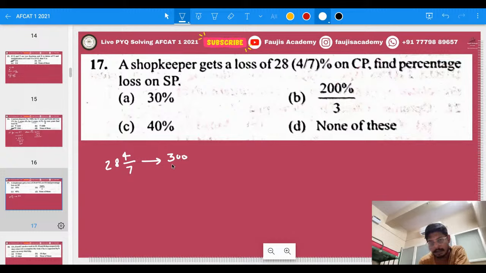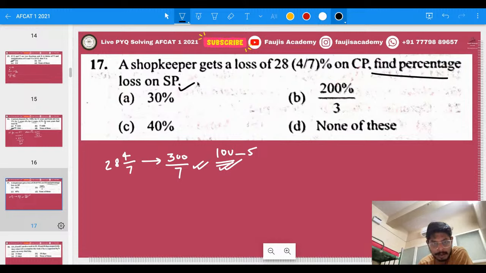This value is how much? 300 by 7. If he is making a loss of this much percentage. When we say somebody is making a loss of 5%, we are saying this on cost price. Then they have asked what is the percentage loss on selling price.